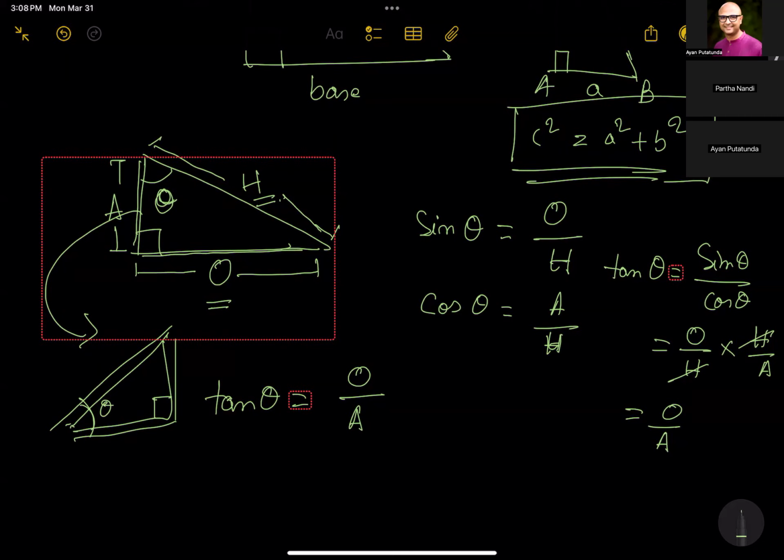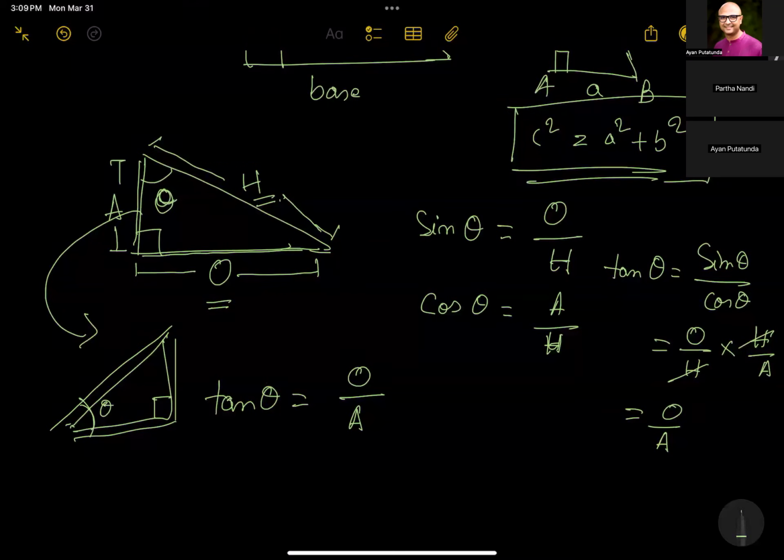So base and altitude can be converted to each other depending on the position of the triangle, but the hypotenuse remains the same. Any angle that you make with the hypotenuse is the angle theta.